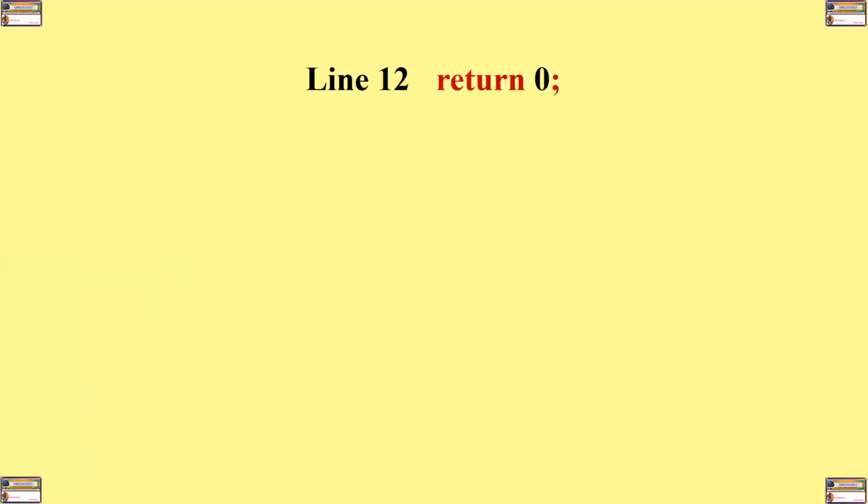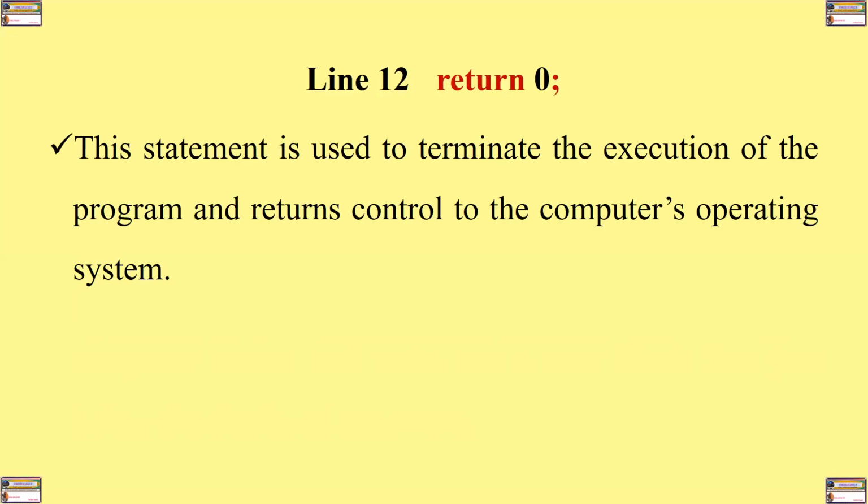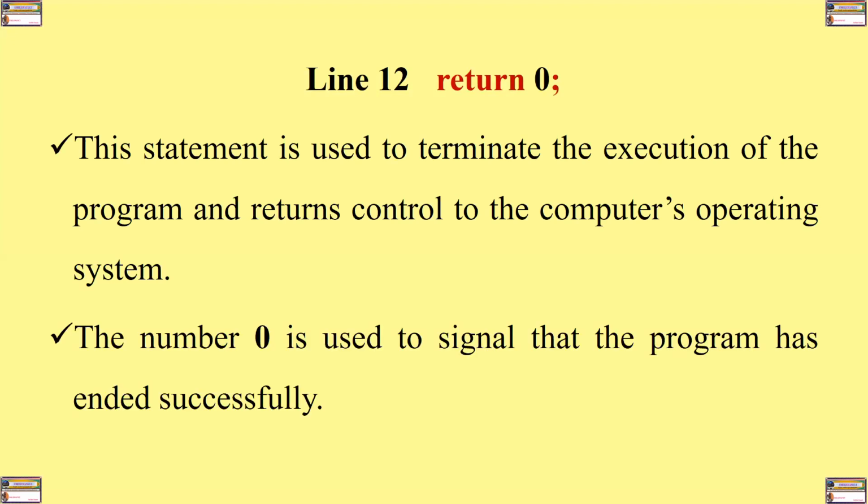Line 12 is return 0, semicolon. This statement is used to terminate the execution of the program and return control to the computer's operating system. The number 0 is used to signal that the program has ended successfully.